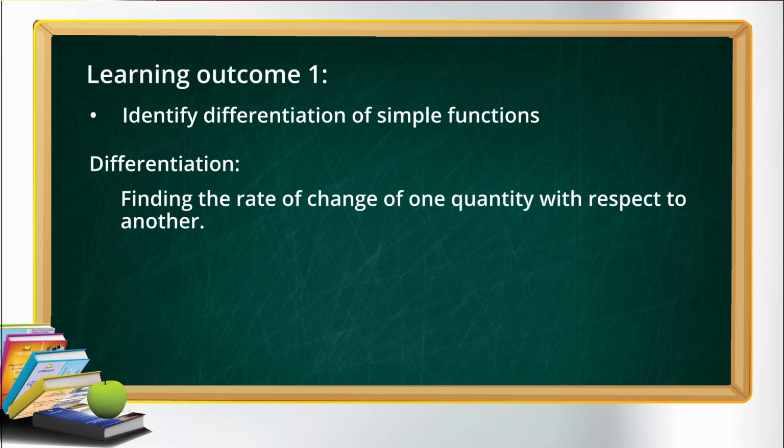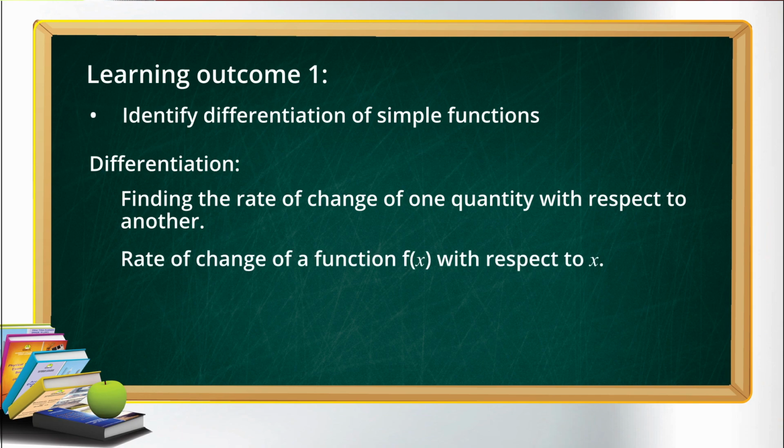Firstly, differentiation means finding the rate of change of one quantity with respect to another. The same can be explained as the rate of change of a function f of x with respect to x. This can be found by finding the derived function f prime x. Take a moment to memorize the notations on the screen.